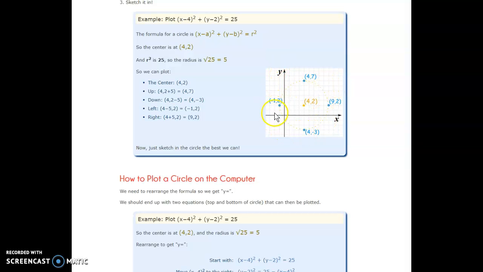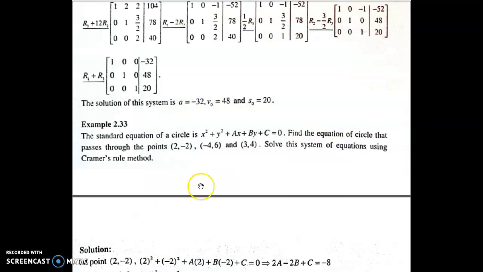As you can see, you have a point here, and you have a line that passes through these points. So the same thing for our question, we want to figure out what is the equation for the circle that passes through these 3 points.